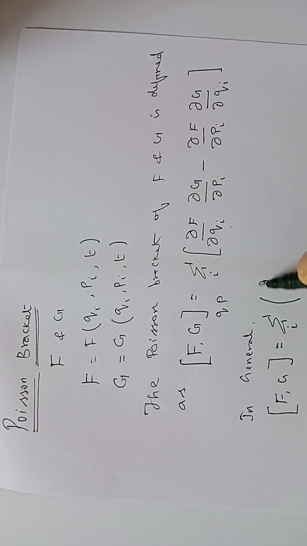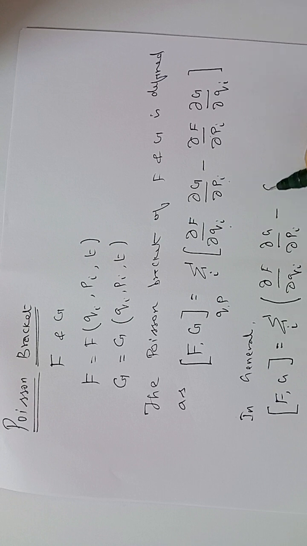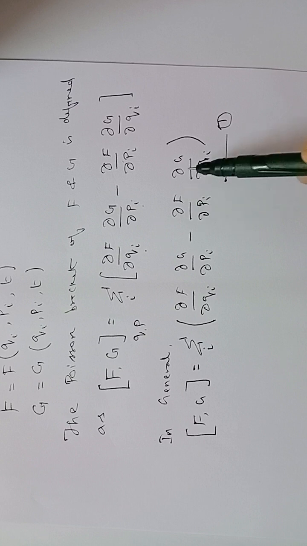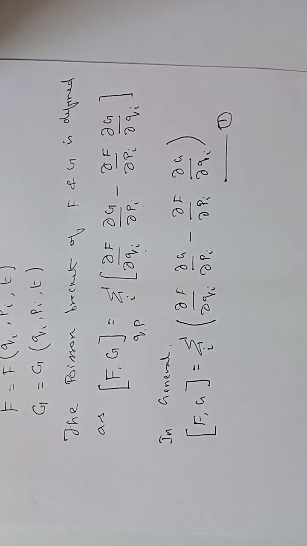Now this equation, dou f by dou qi dou g by dou pi minus dou f by dou pi dou g by dou qi, is equation number 1. So in general, the Poisson bracket of f and g is written as the summation over i of dou f by dou qi dou g by dou pi minus dou f by dou pi dou g by dou qi.